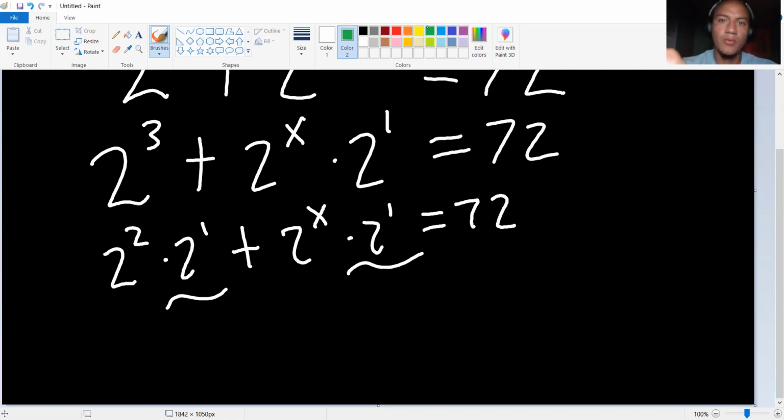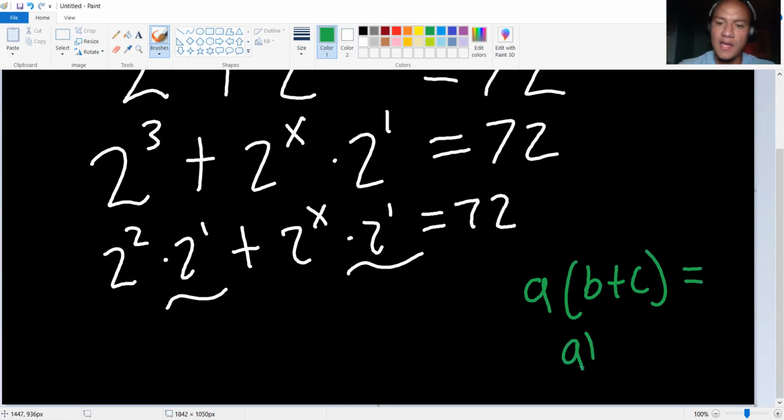A review. The distributive property is when you have A times (B plus C) equals AB plus AC. I just simply distributed the A times B and A times C. And going backward, we would get the left side, which is what we started with.